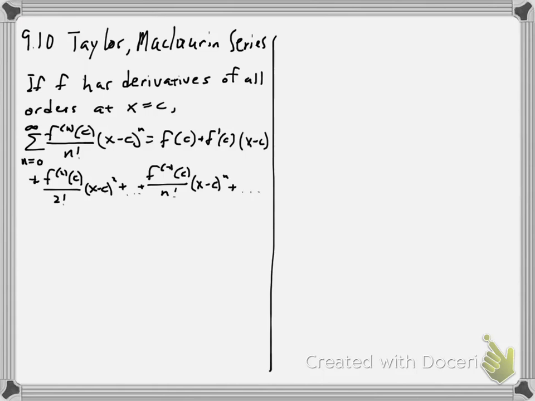So a first example. A very simple example is f of x equals cosine of x and c equals 0. We're going to find the Maclaurin series for cosine centered at c equals 0. It's a matter of taking derivatives and computing them at 0.